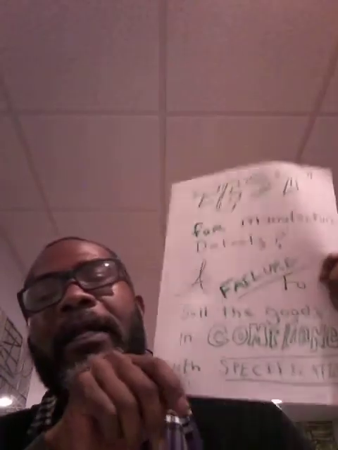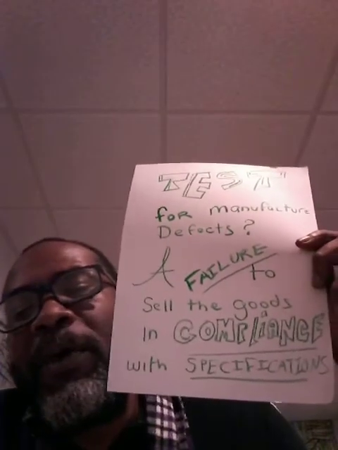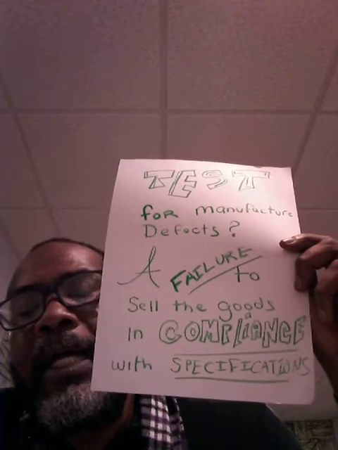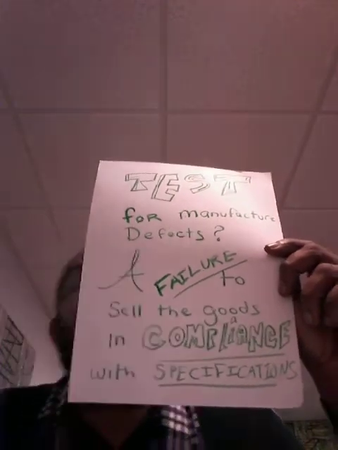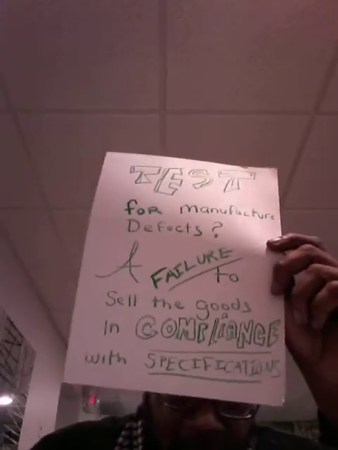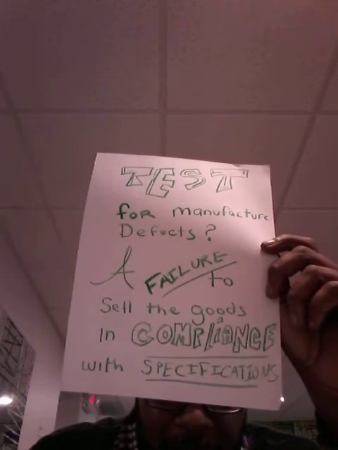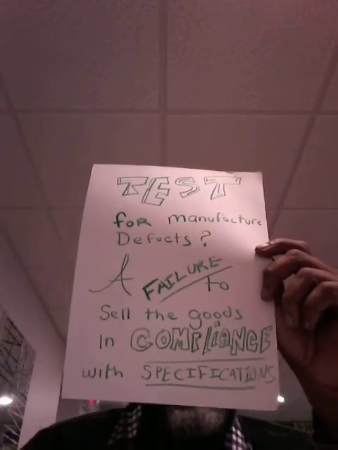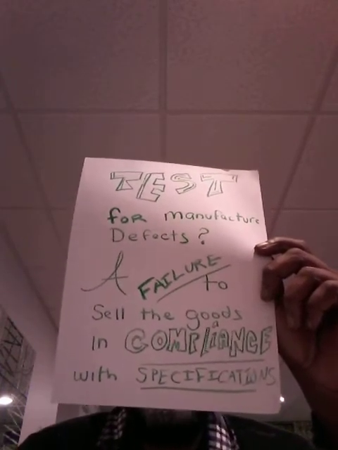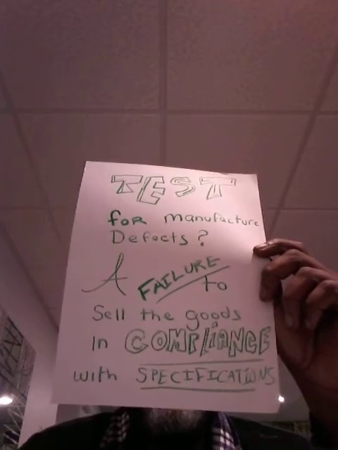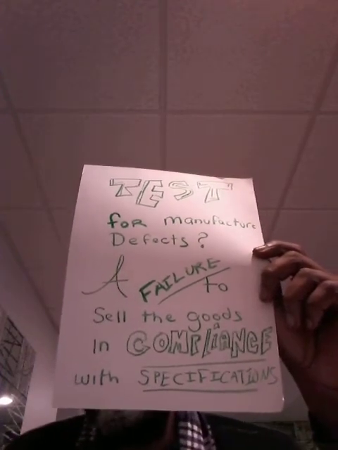So that is one type of defect. And the test for a manufacturing defect is relatively simple, or at least on one level. Does the product comply with its specifications? Does it conform to its blueprint? Is it as it was designed to be?